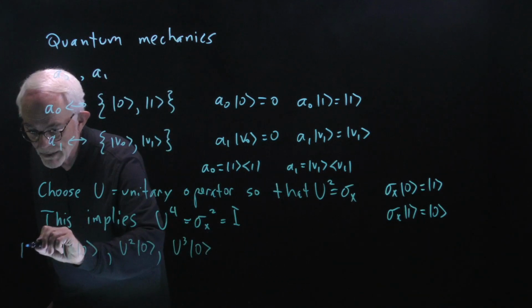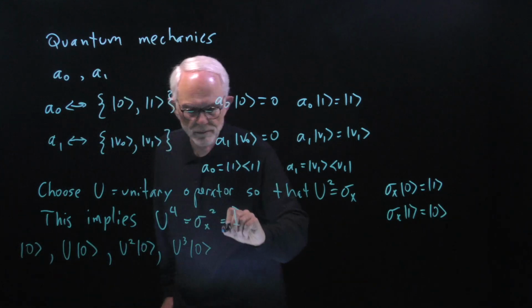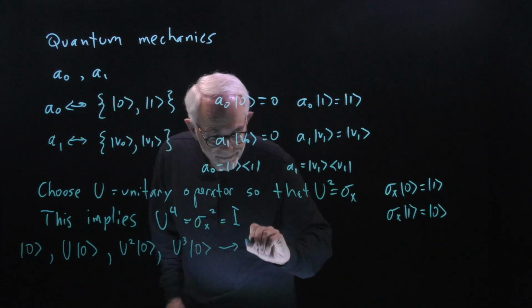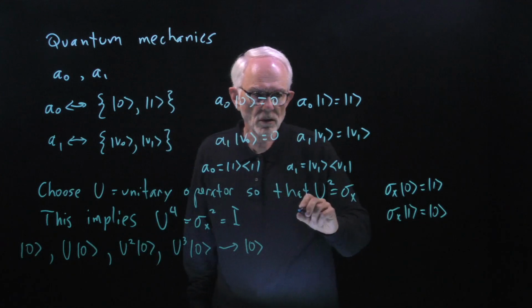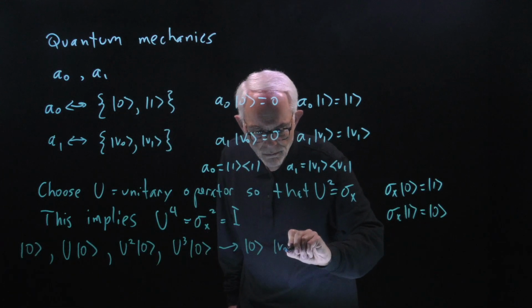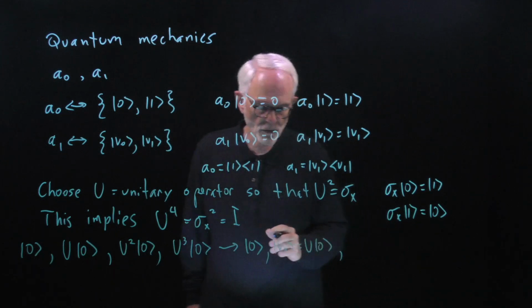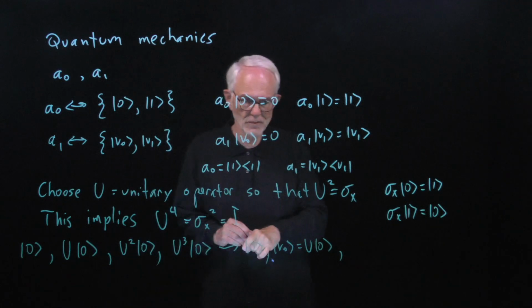Actually, I should go back here. We're going to start with 0. So what does this do? Now, 0 is 0. U acting on 0, I'm going to call V0. I'm going to take that to define my second basis.